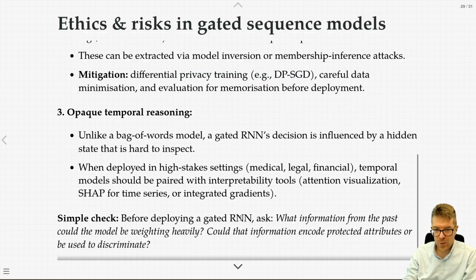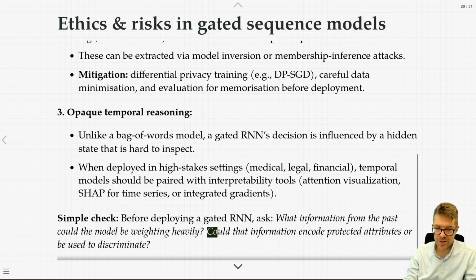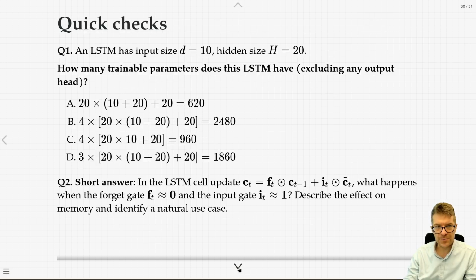So whenever you're deploying any model, really, not just RNNs, but including RNNs, ask yourself what information from the past can be weighting heavily on decisions I'm making in the present or in the future, and is it possible that some of this information can encode protected attributes or could otherwise be used to hurt or otherwise disadvantage individuals.